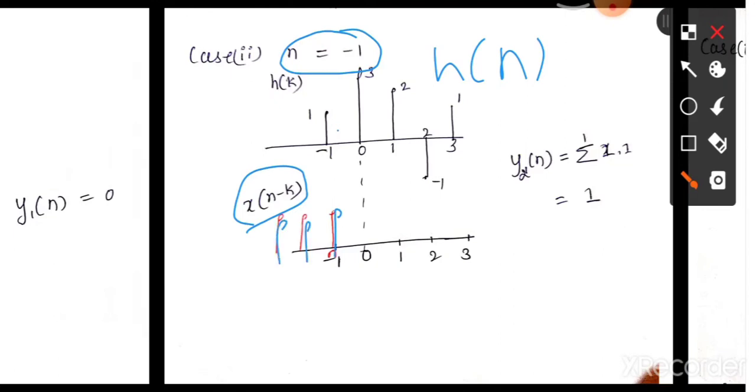How many samples are able to overlap on this? Only one, with its magnitude 1 and the other magnitude also 1. 1 into 1 is 1. Only one sample is overlapping, so its value will be 1. y2 of n equals 1.